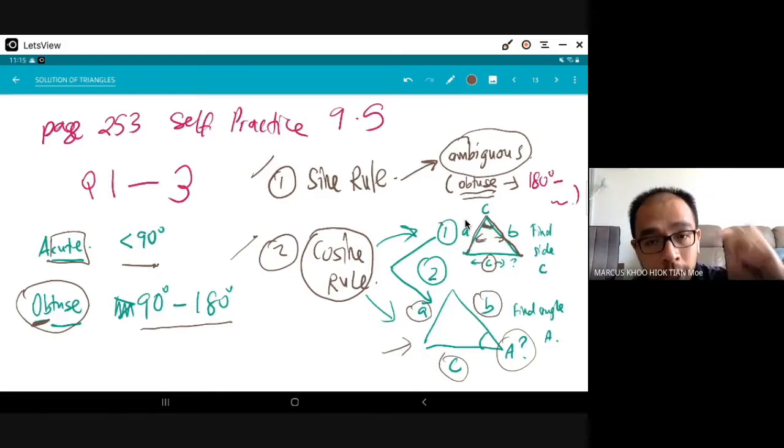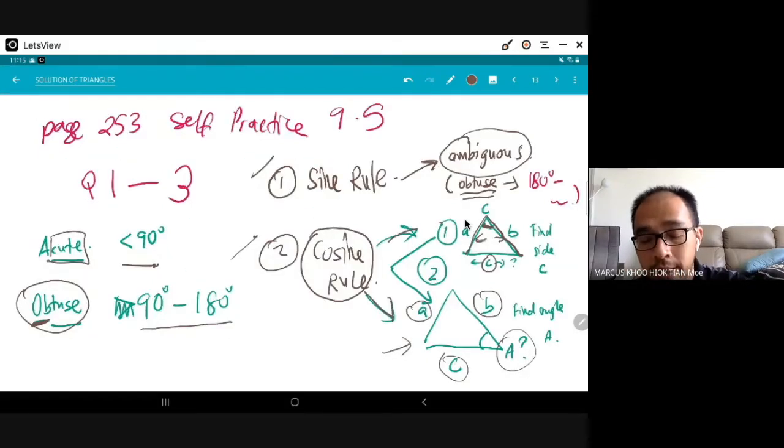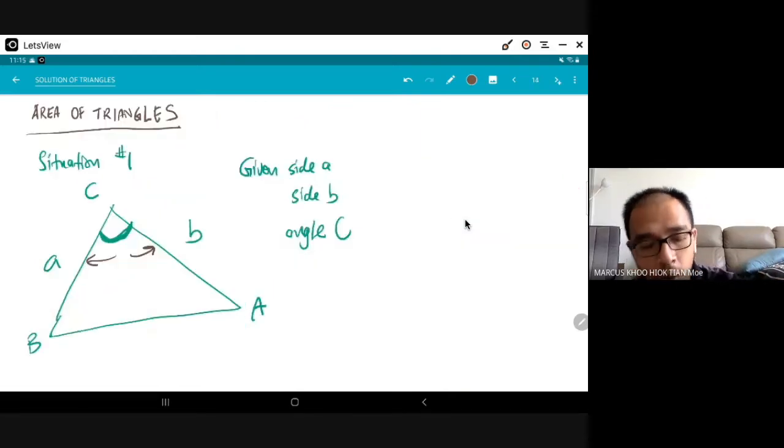Now today we are going to be talking about the area of the triangle, and we are going to use the same two situations that we talked about in the cosine rule. Situation number one is if I have a triangle ABC, and I give you side A and side B, and the angle C that is in between these two sides.